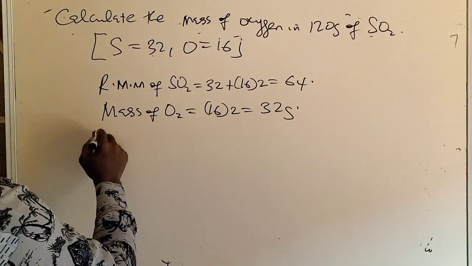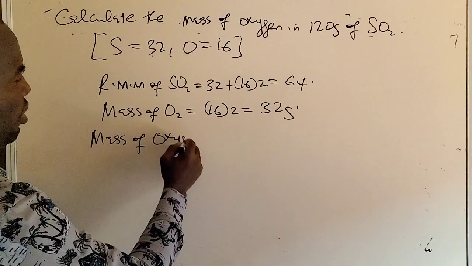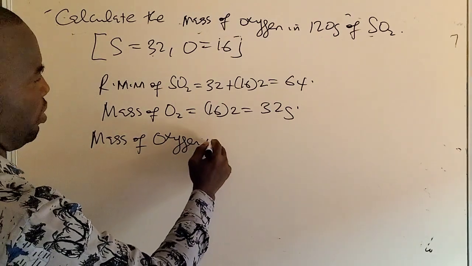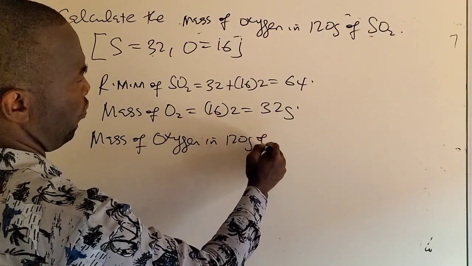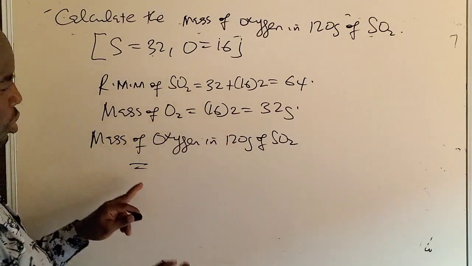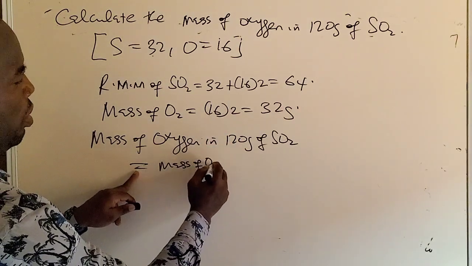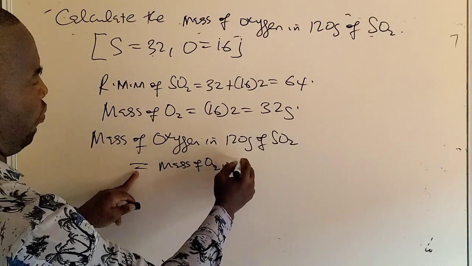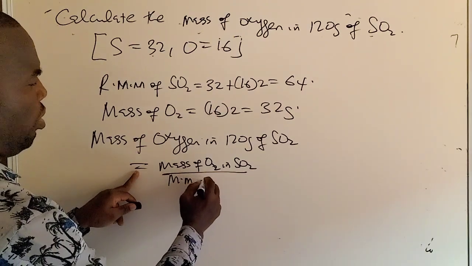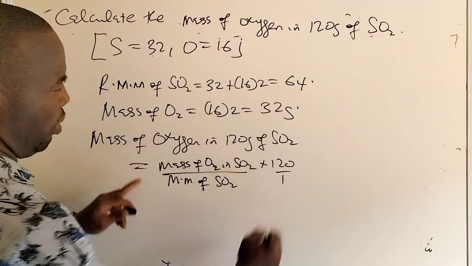So the mass of oxygen in 120 grams of SO2 will now become the fraction of oxygen, or we'll put it this way, mass of oxygen in 1 molecule of SO2 over molar mass of SO2 times 120 grams over 1.